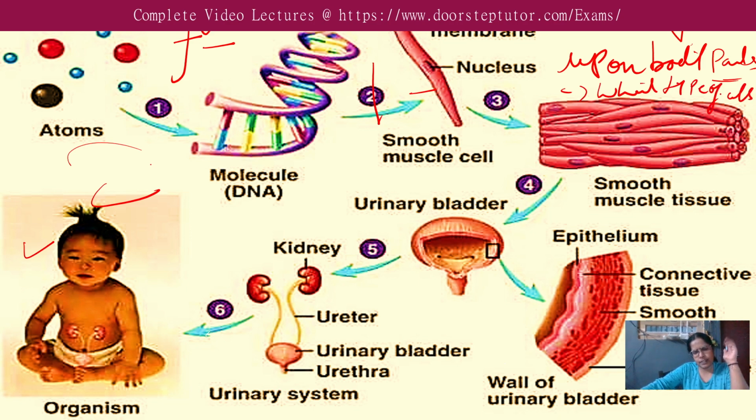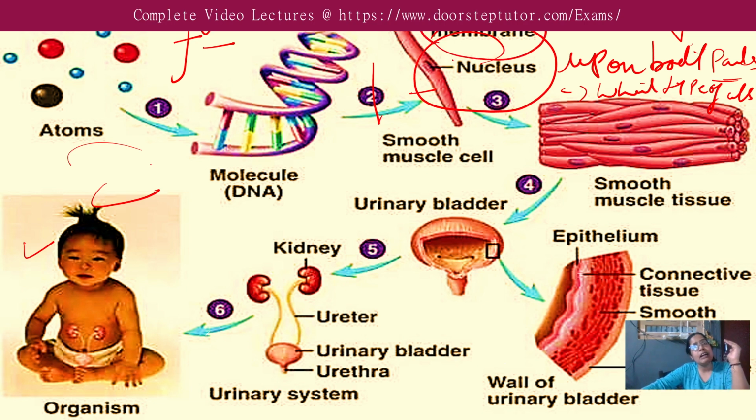So you can see here the muscle cells, because this cell is formed from some cells, and definitely it forms a tissue. So we are looking at the smooth muscle cell. Every cell has its own nucleus, and every nucleus is surrounded by a membrane, that's why we have the plasma membrane.